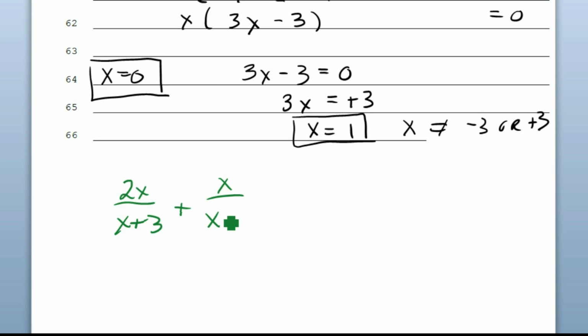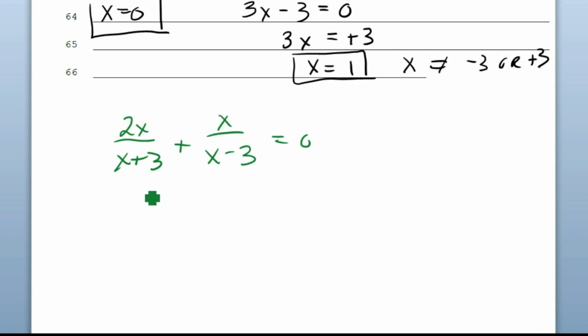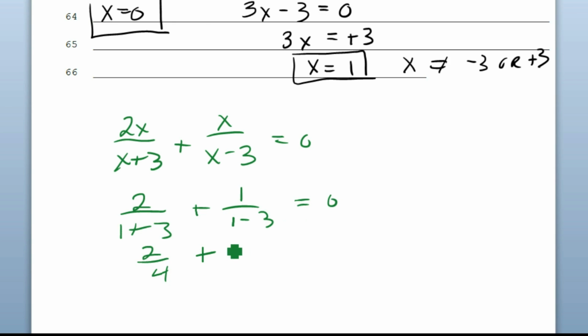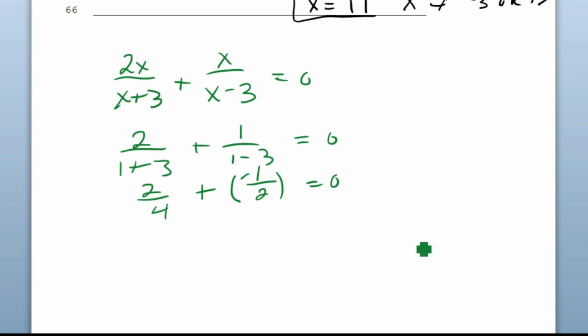Plus x over x minus 3 equals 0. Stick in a 1. What do we got? 2 over 1 plus 3 plus 1 over 1 minus 3 equals 0. 2/4 plus 1 over minus 2 equals 0. 2/4 is a plus 1/2.